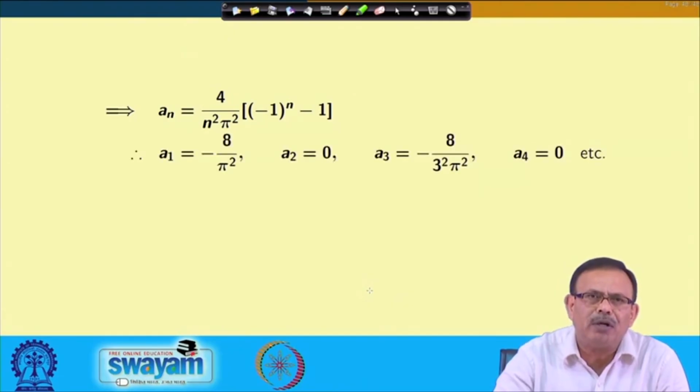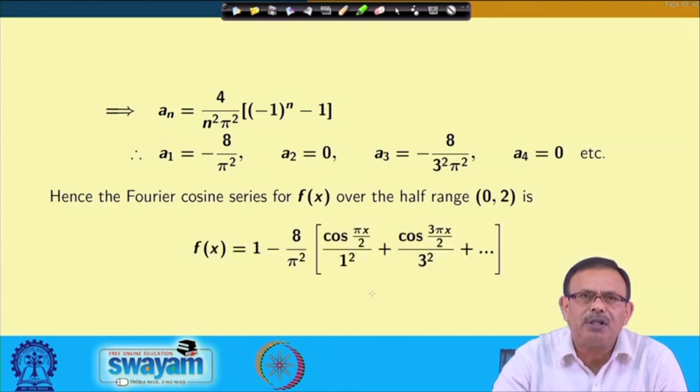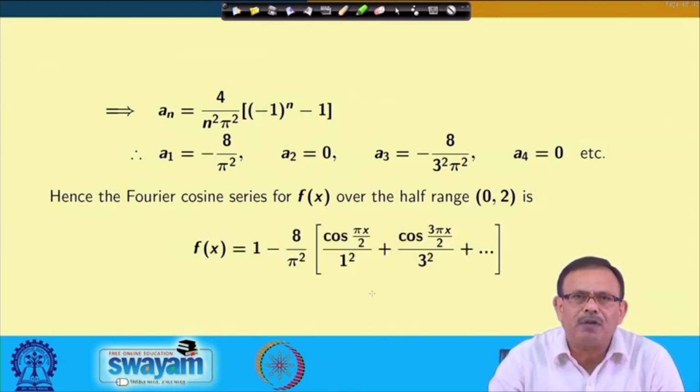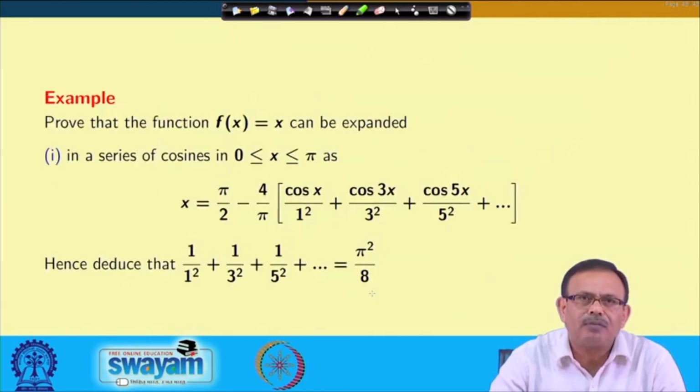So, your a1 will be -8/pi^2, and all the even terms, that is a2, a4, a6, are 0, and a3 will be 8/(3^2 pi^2). So, the cosine series of f(x) in the half range 0 to 2, we can define like this: f(x) equals 1 - (8/pi^2) times this series.